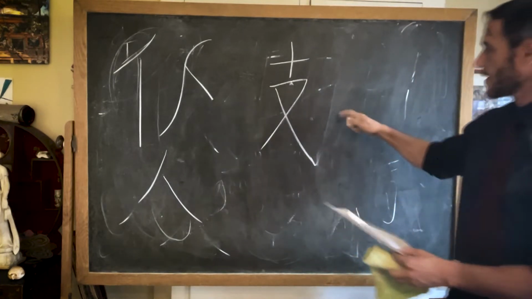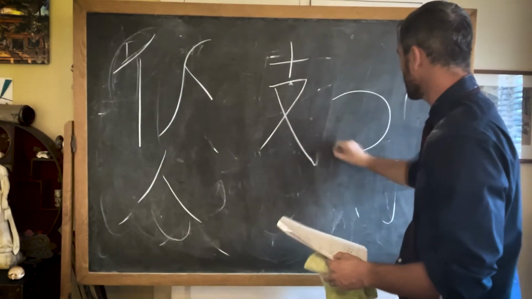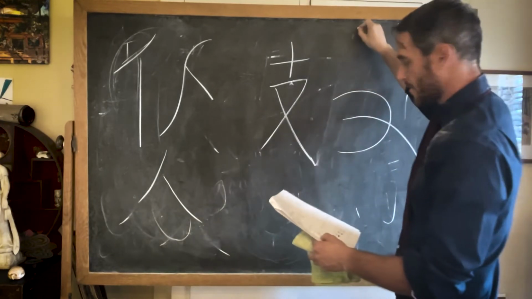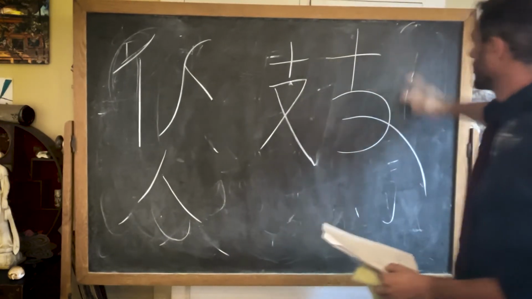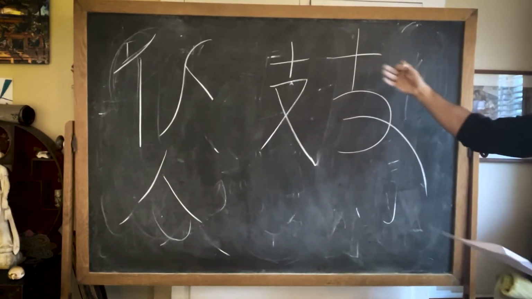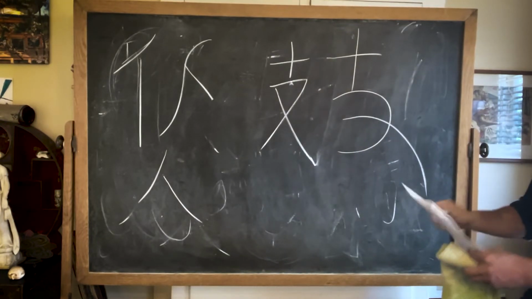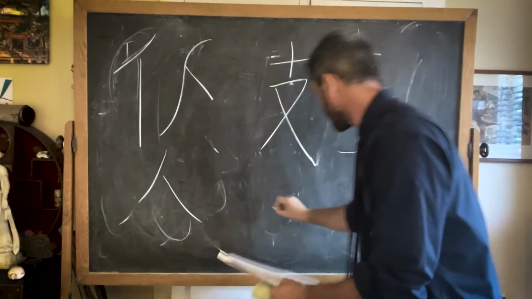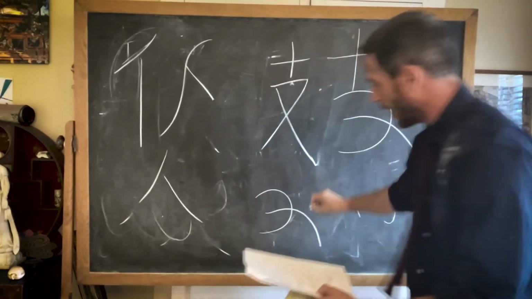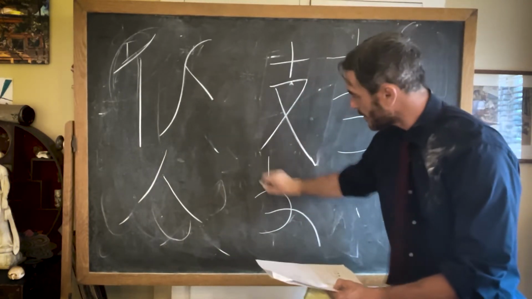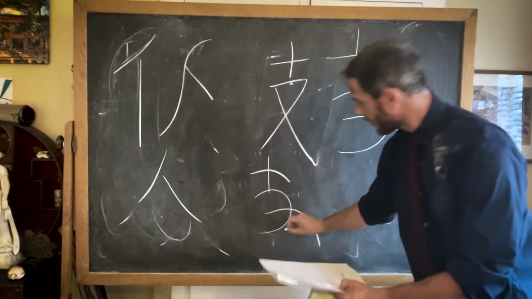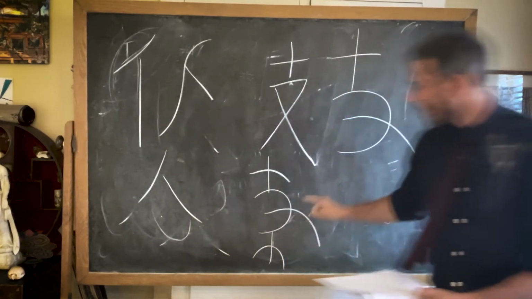But if you look closely at the etymology, it's a hand holding something, holding some kind of tool. It was also written like this, with this portion both above and below.